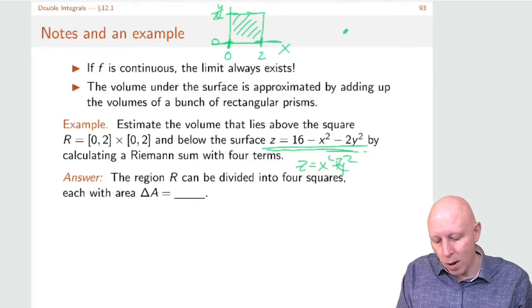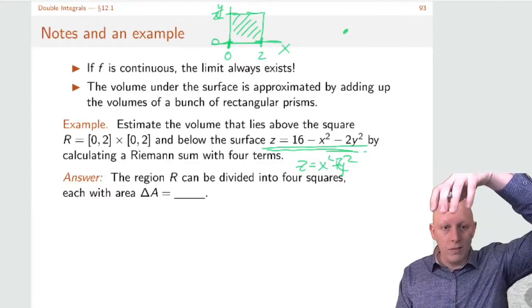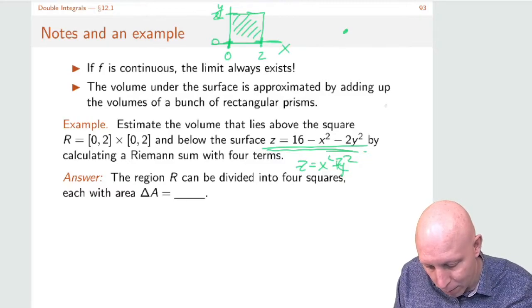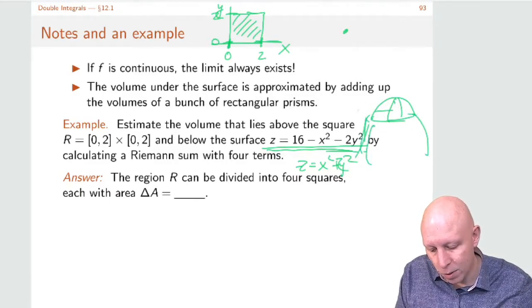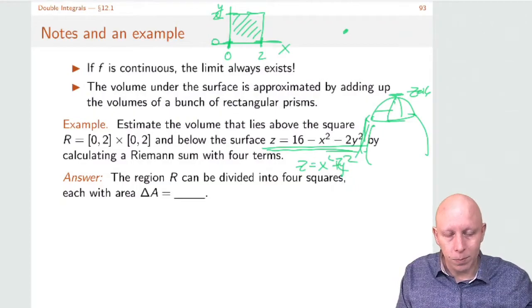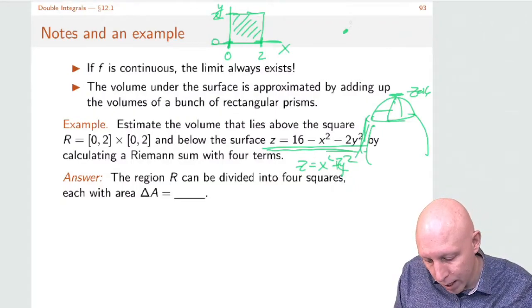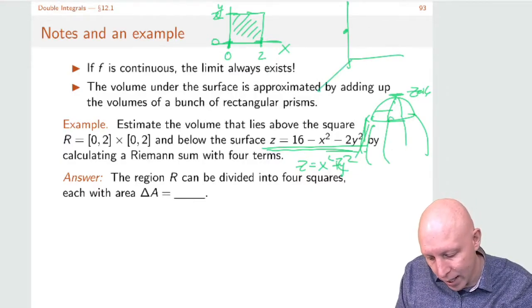And so 16 minus that is taking that, flipping it upside down, and then shifting it up. So if I'm drawing a picture of what this looks like, we've got this paraboloid that has been raised where z is equal to 16 at 0, 0, and it's a paraboloid over the region. So if I'm drawing a picture in 3 dimensions, this was just an idea about what this shape is going to look like.